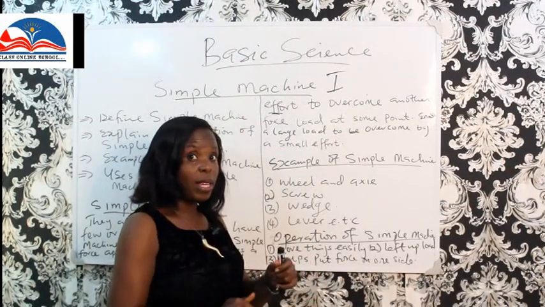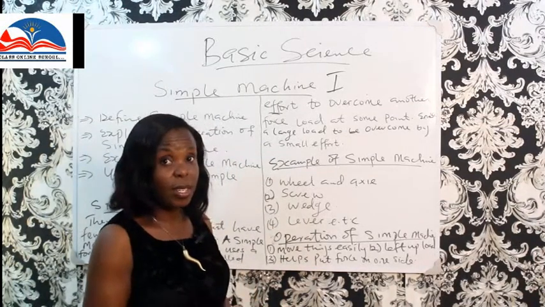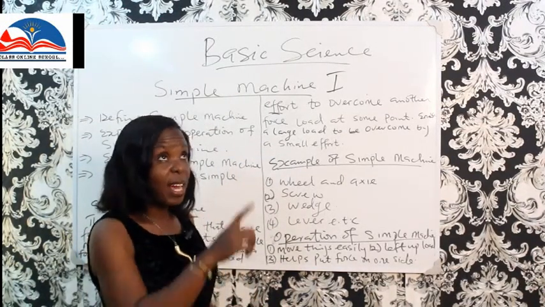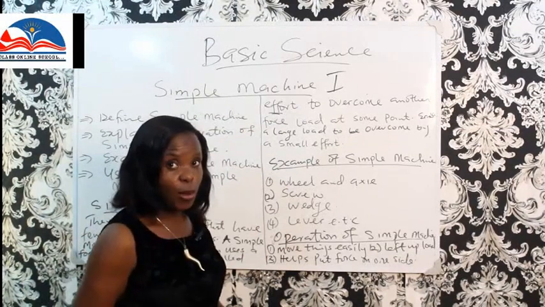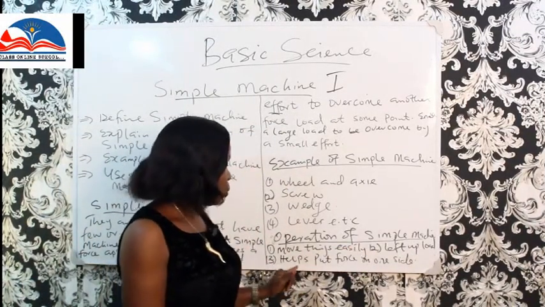It lifts it up. That makes us lift heavy load easily, and it can go to the height it needs to get to, and you can pull down. So it makes us pull up heavy load.